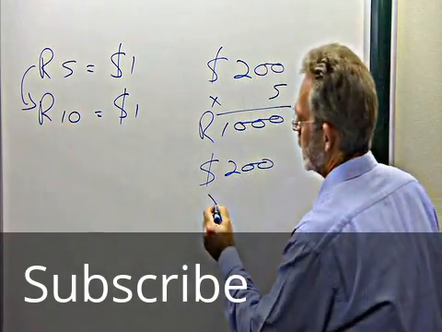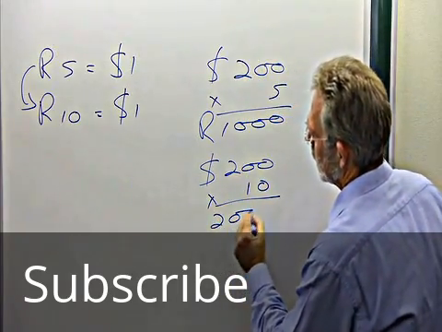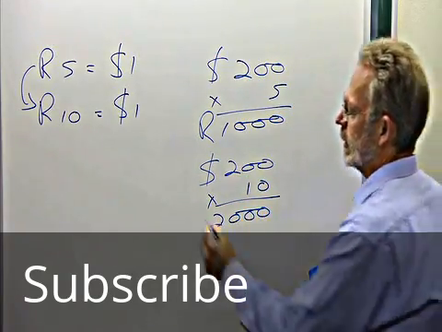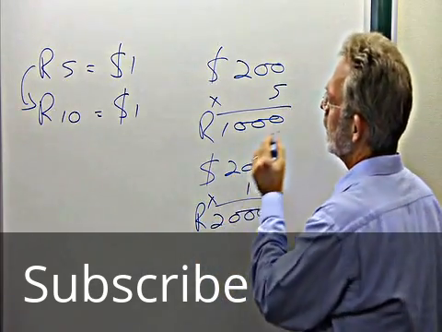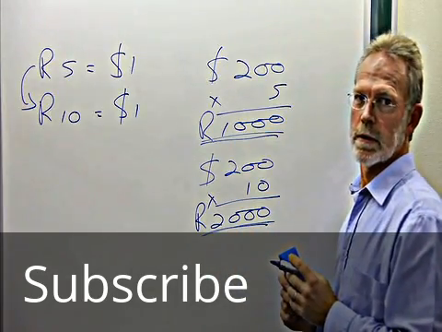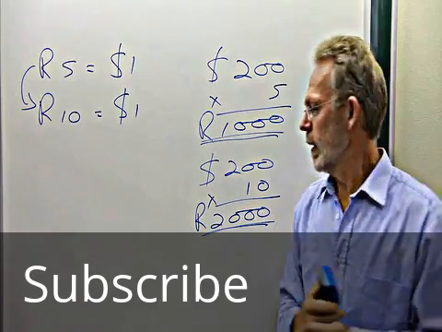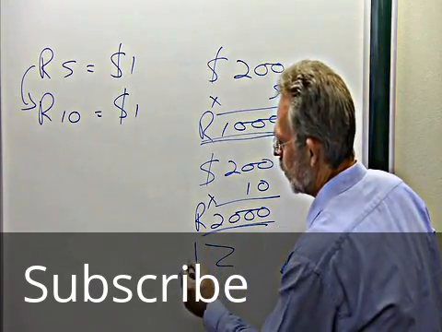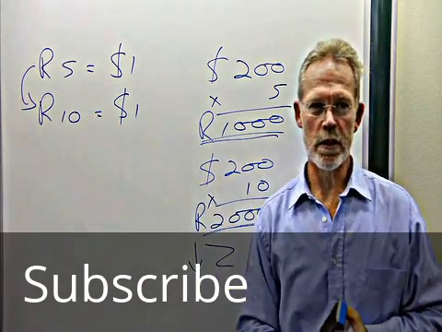So, in total, 200 times 10, and that is 2,000 rand. So, the price of the pair of boots has increased from 1,000 rand to 2,000 rand. So, it's more expensive to import from America now. And therefore, we can expect that imports will decrease on account of the depreciation of the rand.